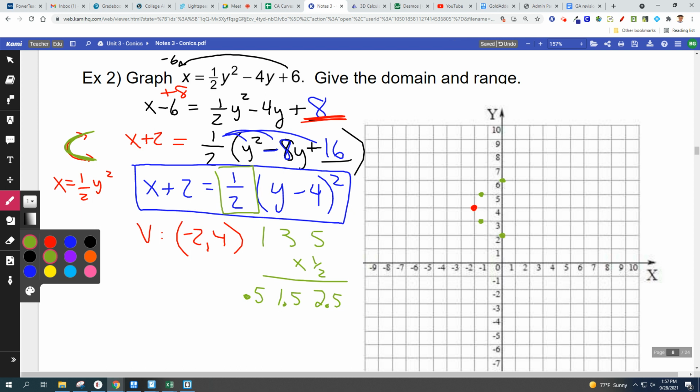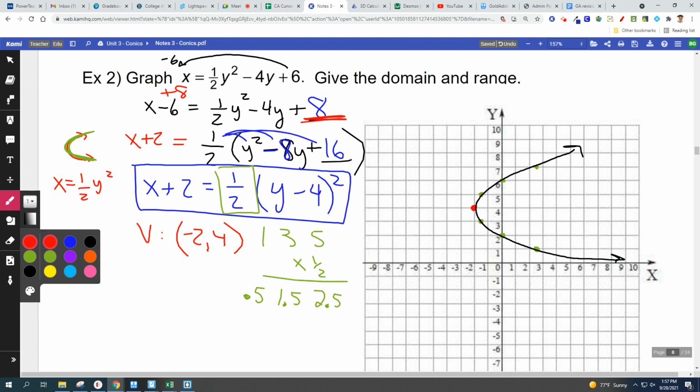And then I go over 2.5. From that point, over 2.5 and up 1, over 2.5 and down 1. We can do more if we need to. I don't think we really need to, though. It might be nice to see where the x-intercept is, I guess. But that's pretty good for my graph.